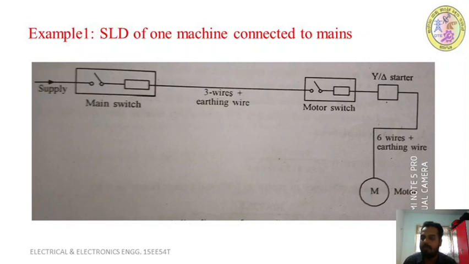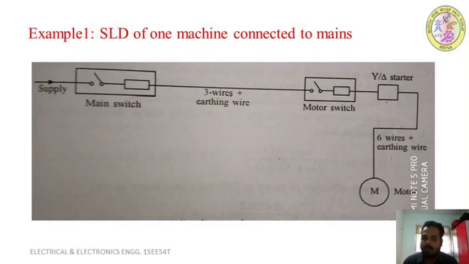You must remember we have already discussed this topic. From the star delta starter board to the machine terminals, we require 6 cables for the connection. The size of the cable may be reduced because the phase current in delta is √3 times less than the line current, right?